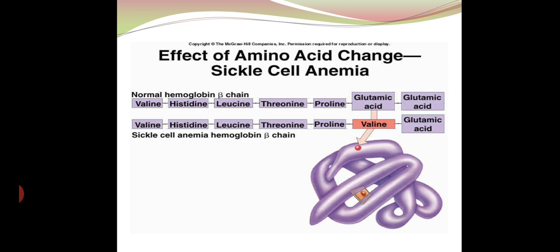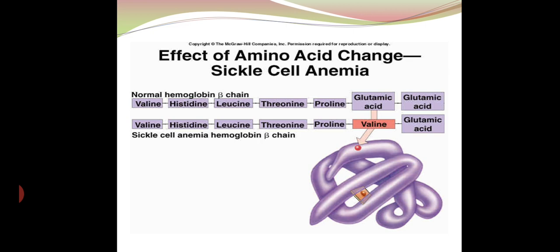Another condition, the effect of amino acid change, leads to sickle cell anemia. Normal hemoglobin beta chain contains the amino acid sequence valine, histidine, leucine, threonine, proline, glutamic acid, and this is the sequence present in the beta chain polypeptide.